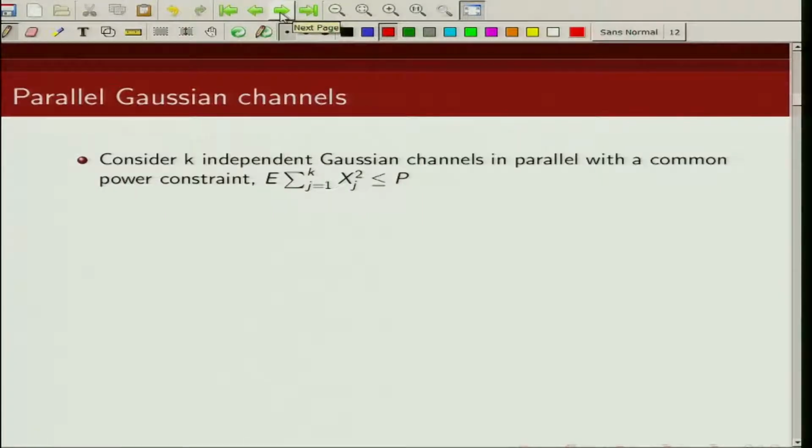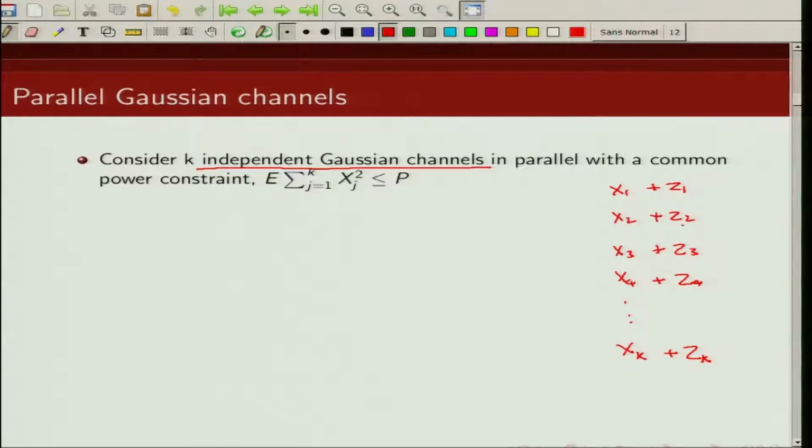So, what is a parallel Gaussian channel? Let us consider k independent Gaussian channels in parallel. You have x1, x2, x3, x4, xk, and these are acted on by additive noise, let us say z1, z2, z3, z4, zk, and the zi's are independent of the input xi, and these noise samples are also independent.